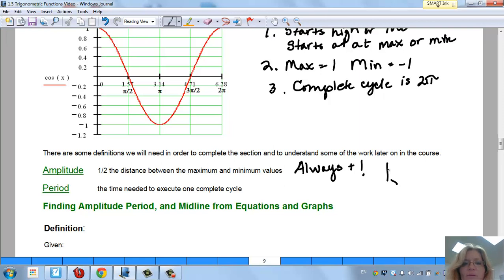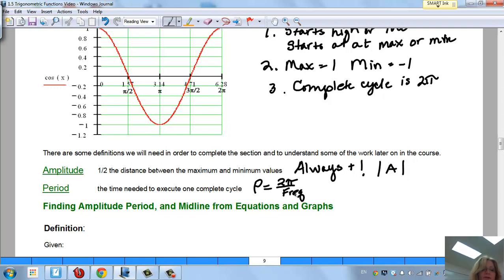Sometimes you'll even see the amplitude in absolute values because it's always positive. The period is the time that it needs to execute one complete cycle. So the period is 2 pi over my frequency.